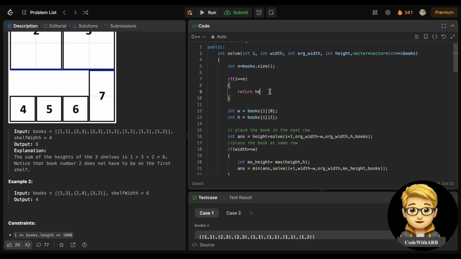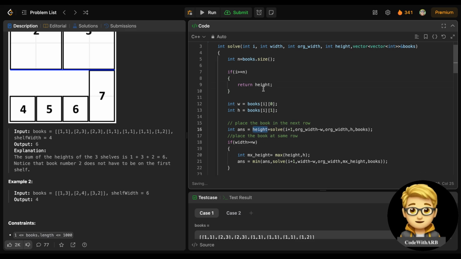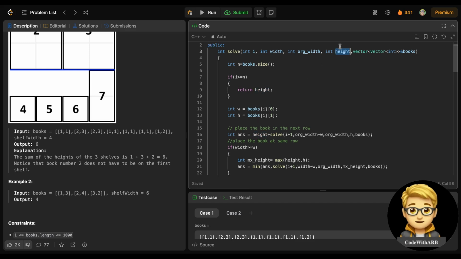That's what we will return here, right? Suppose you have only one book, so the height would be 0, and this calls the next function, and that would be the height of h. So the current book height will be returned as this answer, and that's how you can re-verify it: if you have only one book, this is what we return as the answer.